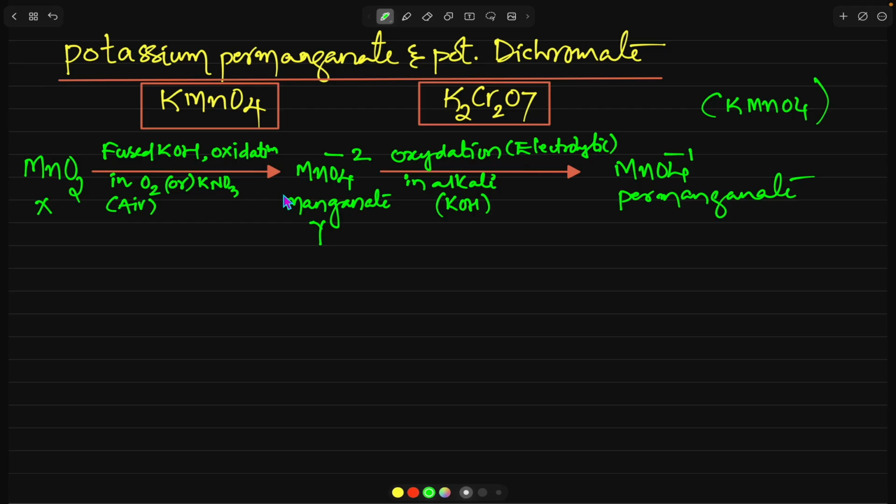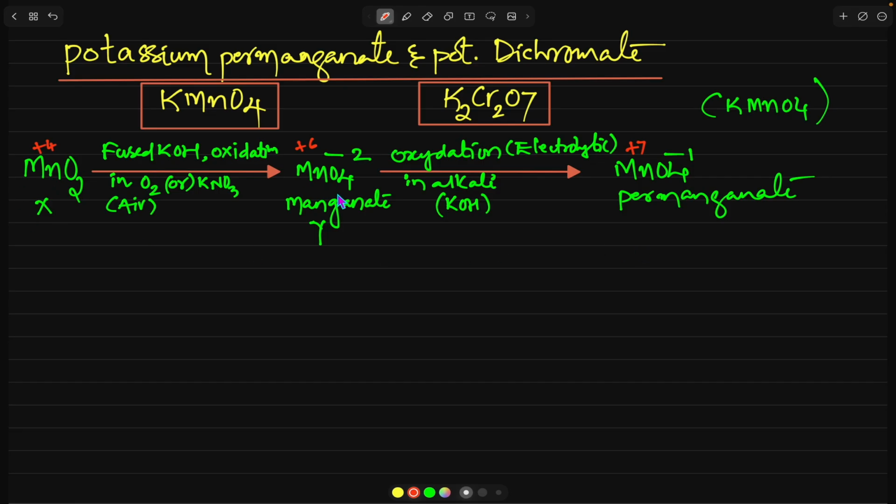Clearly visible, sir. Okay. So MnO2 first converts into MnO4 minus 2, and MnO4 minus 2 converts into MnO4 minus. The difference is, in MnO4 minus, manganese is in +7 oxidation state, here it is in +6 oxidation state, and here manganese is in +4 oxidation state. So every reaction is an oxidation reaction.